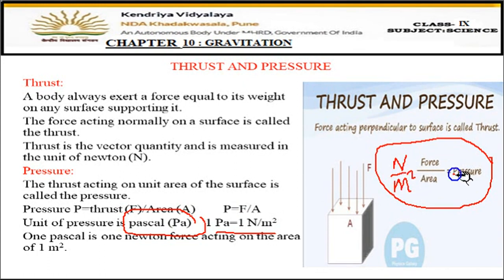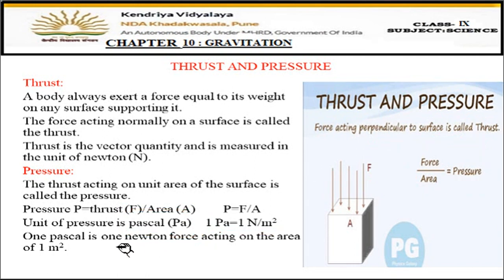For pressure, Pascal is the unit. So 1 Pascal is equal to Newton per meter square. You can use Newton per meter square, or you can directly use Pascal only.